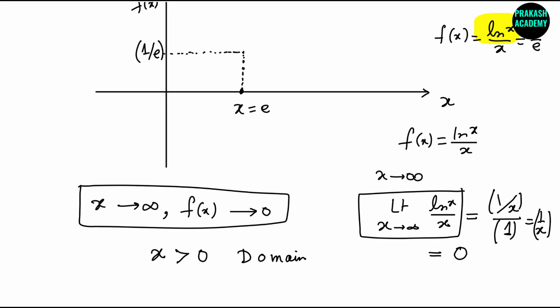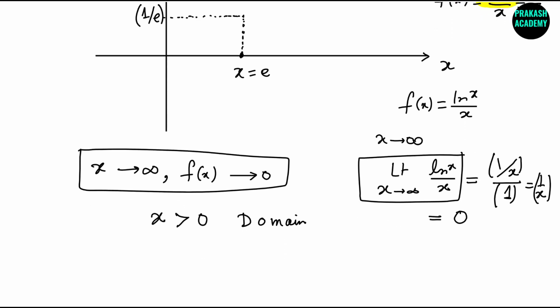Now what will happen when x tends to 0? When x tends to 0, that is very close to 0, f(x), which equals ln x divided by x, will tend to minus infinity, because log of any number between 0 and 1 is negative.